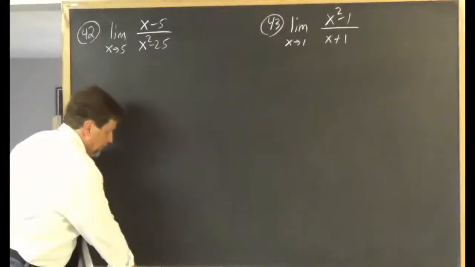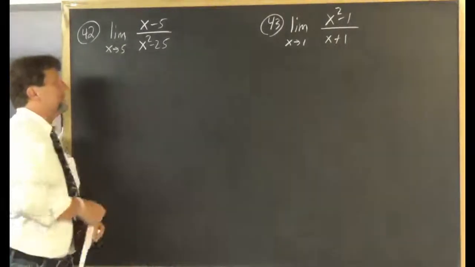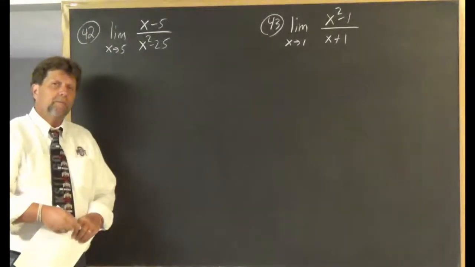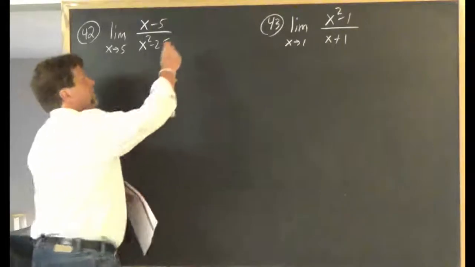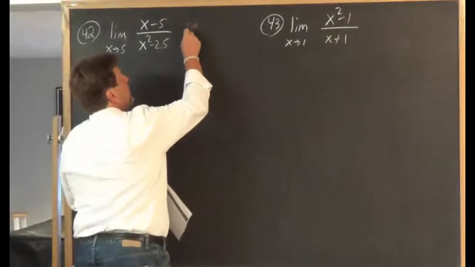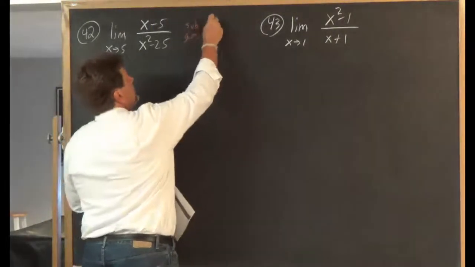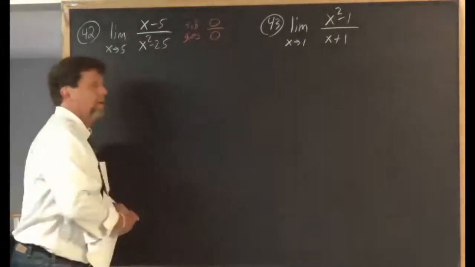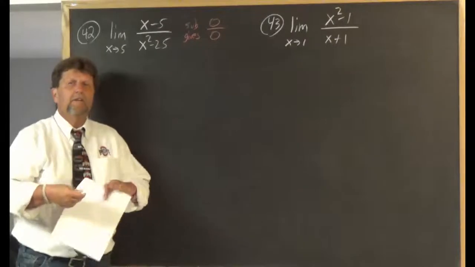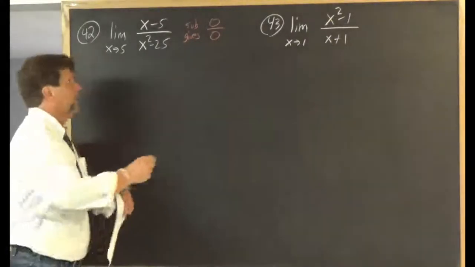So in 42, you're asked to find the limit as x approaches 5 of x minus 5 over x squared minus 25. The first thing you should try is substitution. And substitution gives us the indeterminate form 0 over 0, which is a signal you need some algebra magic.